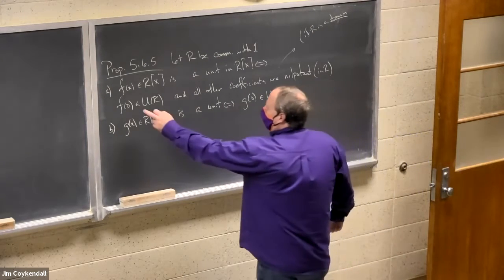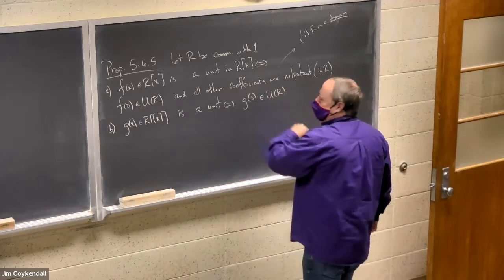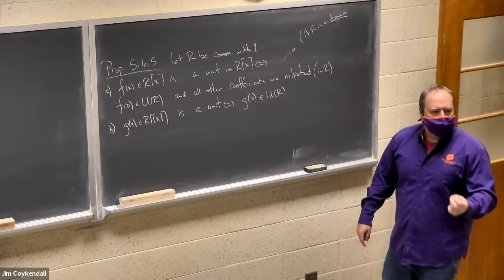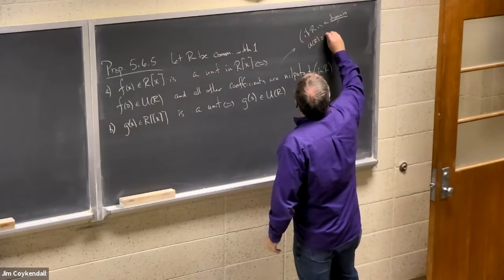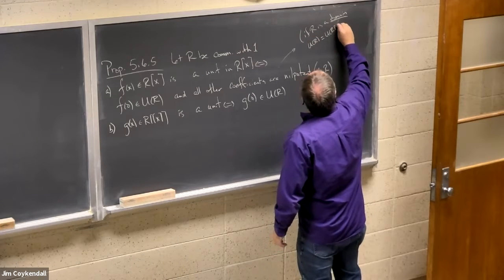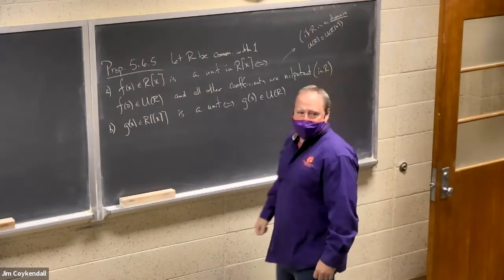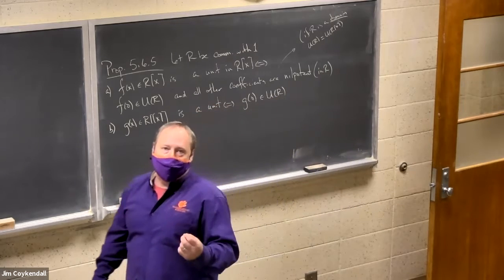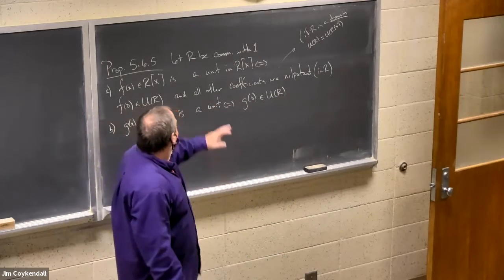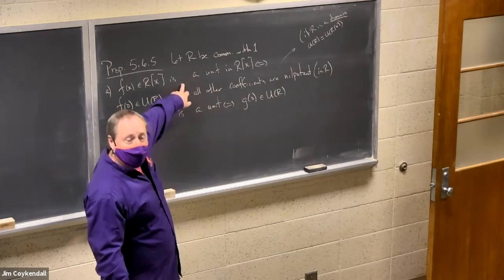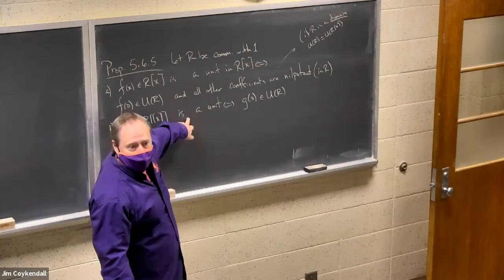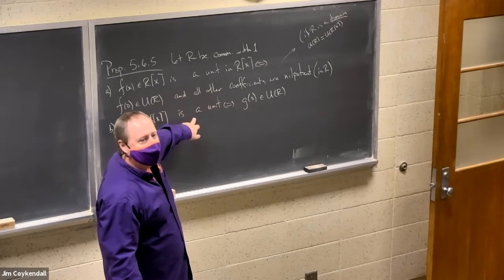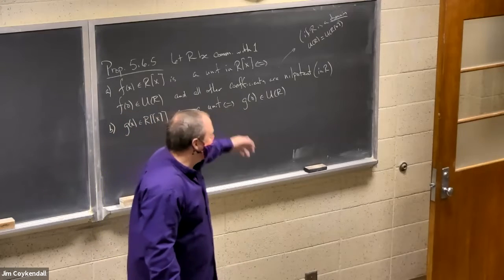Well, you have to have the constant term be a unit and all other coefficients nilpotent. But in a domain, the only nilpotent is 0. So in this case, U(R[x]) coincides with the units of R. So for example, the polynomial 1 plus x is not a unit here. Not surprising, right? 1 over 1 plus x is not a polynomial. However, it is a unit here, because, if you've ever taught Calc 2, 1 over 1 plus x is 1 minus x plus x squared minus x cubed, etc.